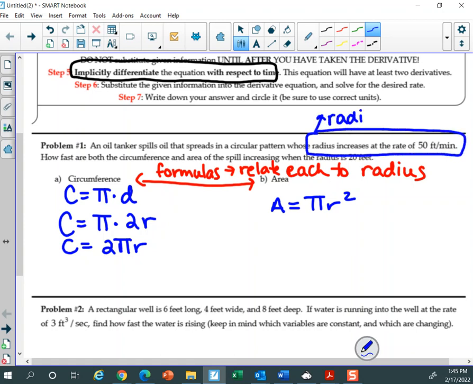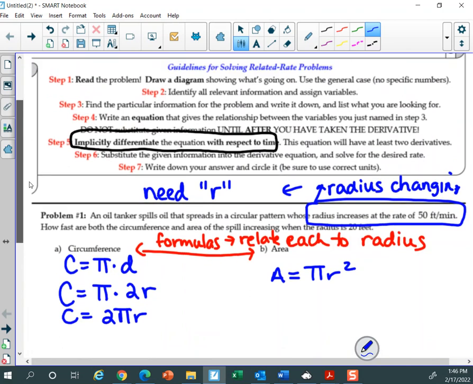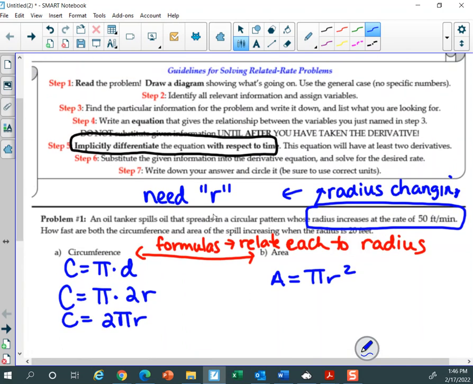So this is telling me about how the radius is changing. That's a good indicator that we need r in our relationships. So if we look at my steps, I read the problem. I did not draw a picture.